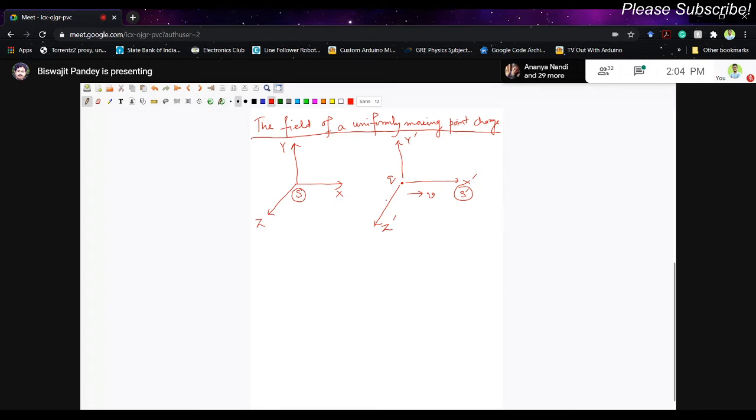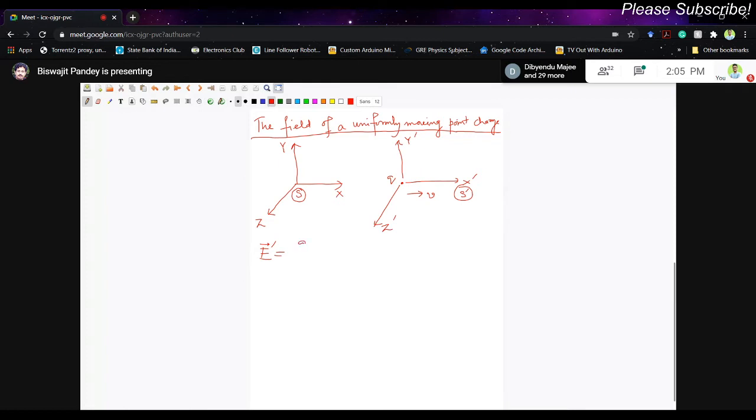So in this frame, the prime frame, if I want to write down the electric field and magnetic field due to this point charge at some point, say P, at a distance, say r prime, with coordinates x prime, y prime, z prime, then the point charge Q will produce an electric field at that point, right? And that electric field can be written simply by using Coulomb's law. So what is E prime in this prime frame?